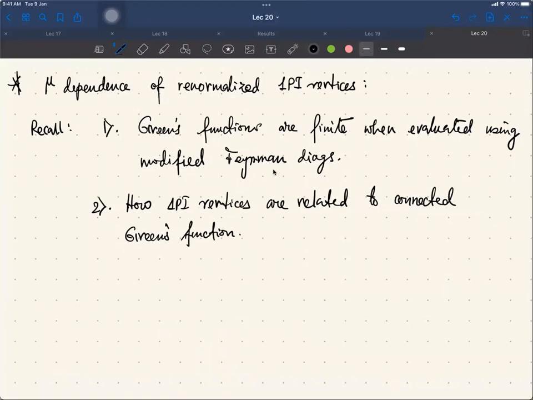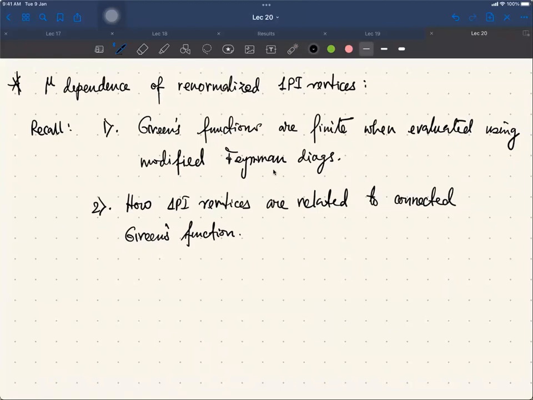The reason for the first point is to appreciate that the Green's functions are finite when evaluated using modified Feynman diagrams, because the Green's functions have the definition in terms of the path integral, and therefore one has to define the renormalized Green's functions as the path integral that results in finite values of the Feynman diagrams, and then using the relation between the 1 pi vertices and the Green's functions, one defines the renormalized Green's functions.